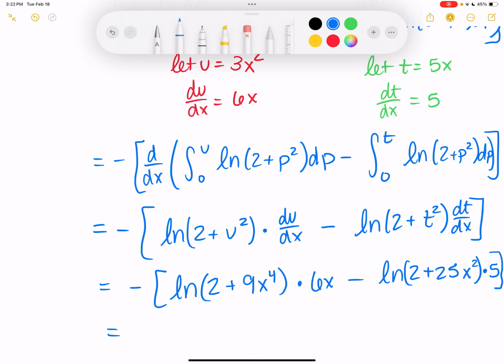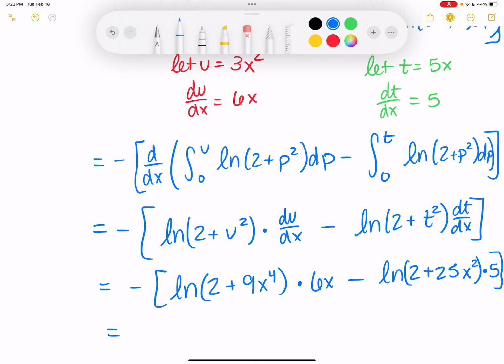Since this negative is being multiplied by both of these things, they do this one first, since it's going to become positive, and this one becomes negative by distributing that negative.